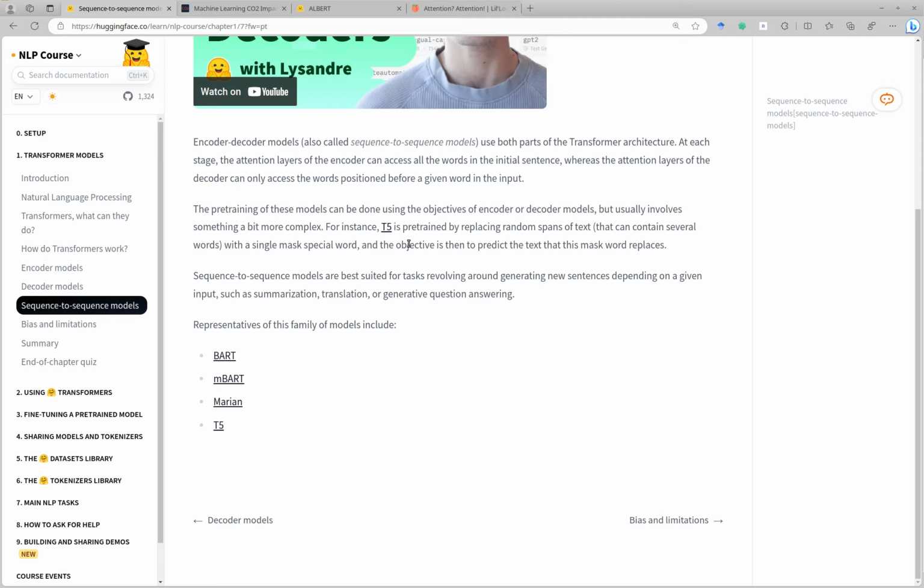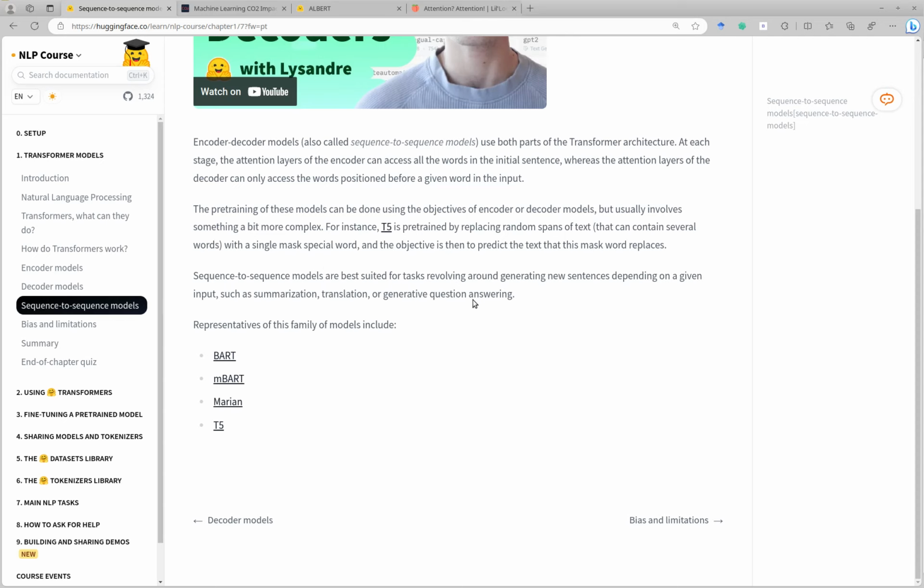For instance, let's talk about the training of T5. T5 is pre-trained by replacing a random span of text, maybe 2, 3, or 4, 5 words, with a single mask special word, and the objective will be to predict the text that this mask word will replace.